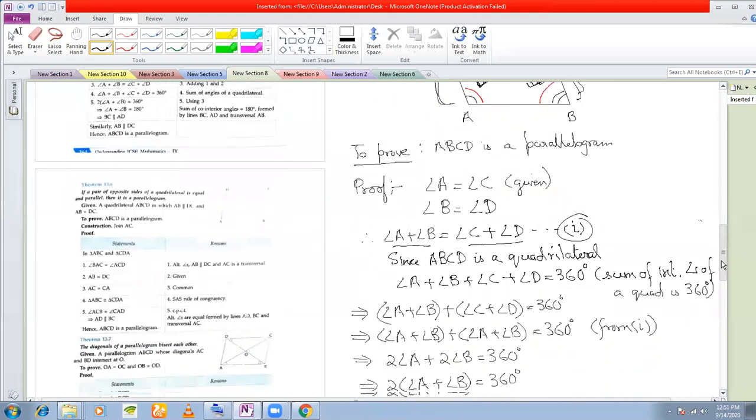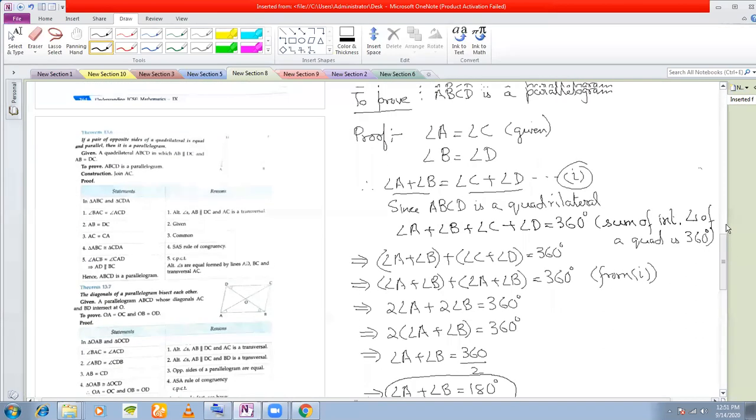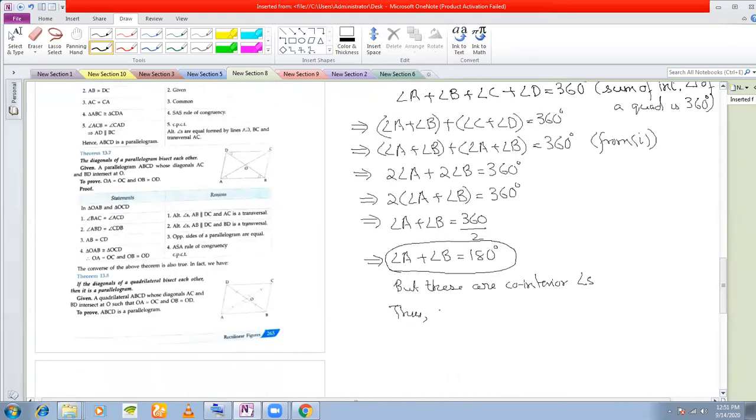So therefore we say, these are co-interior angles. Thus, which side is parallel to which side? AD parallel to BC.